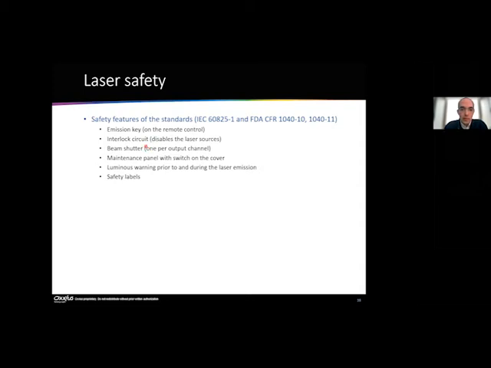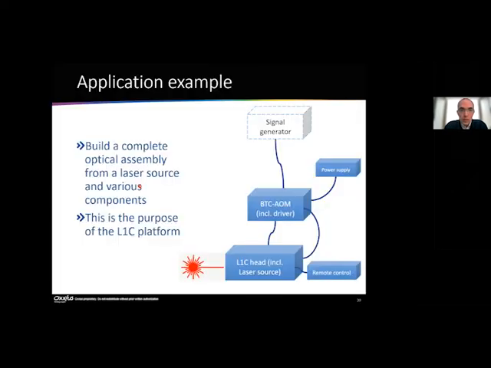And there is also a beam shutter that we have showed you about. And there are luminous warnings prior to the emissions, and of course the standard safety levels in use.